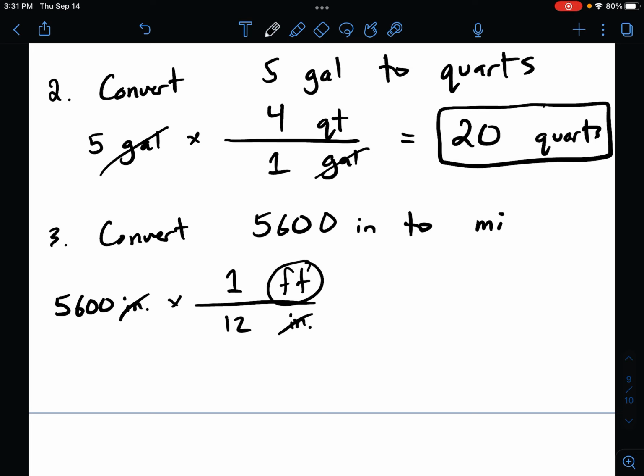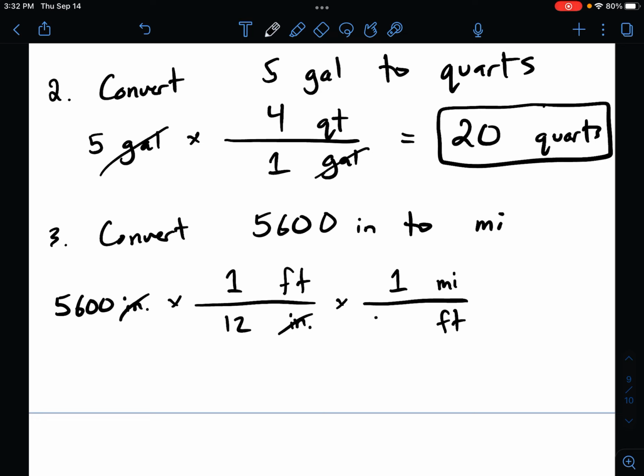Okay, so now I have feet as my units, but I don't want feet, I want miles. And I'm going to have to multiply by some other conversion factor to get this to be miles. So I don't want the feet anymore, so I'm going to get rid of the feet by putting them in the denominator. And we know that I can convert feet to miles.